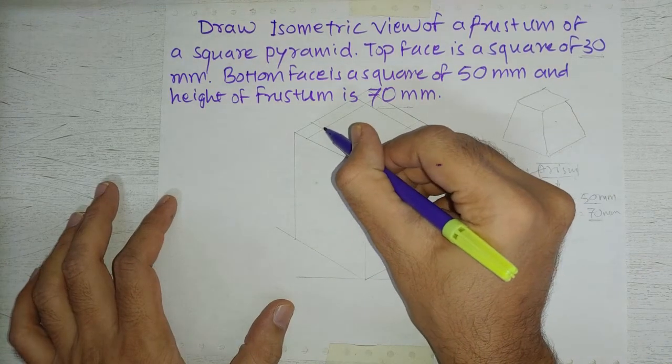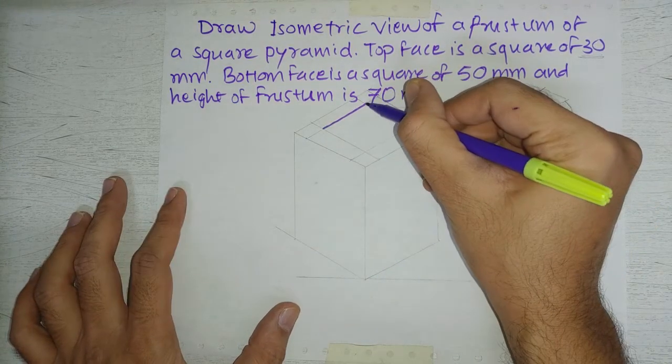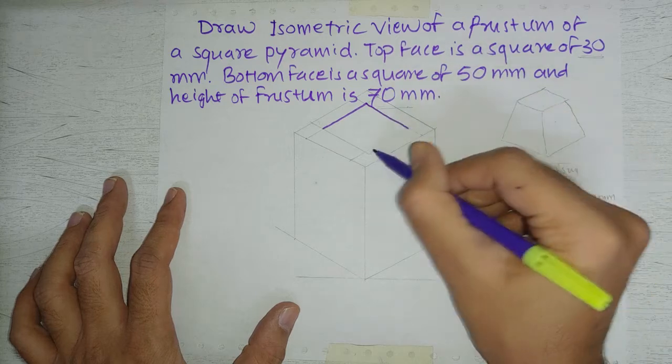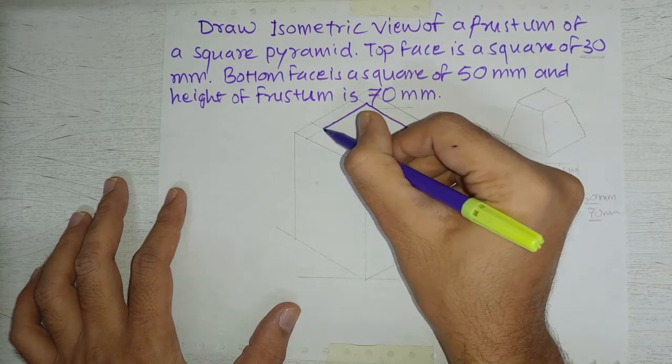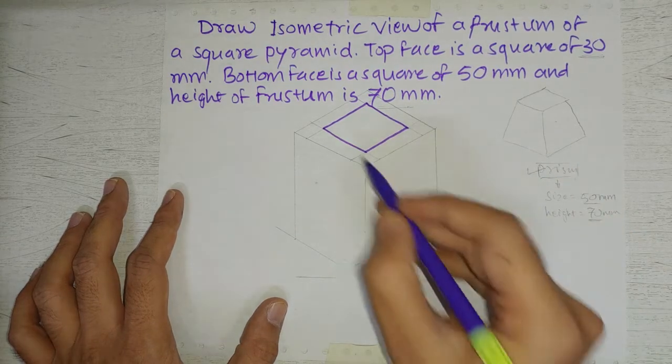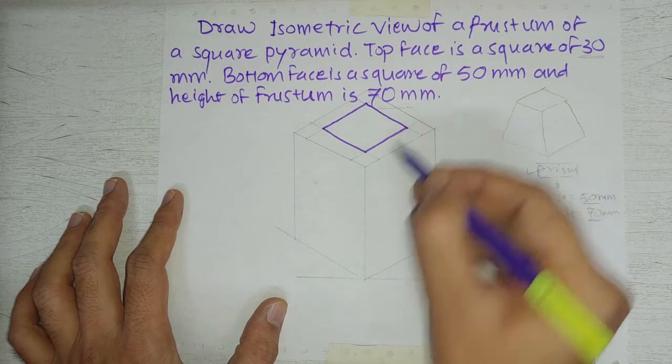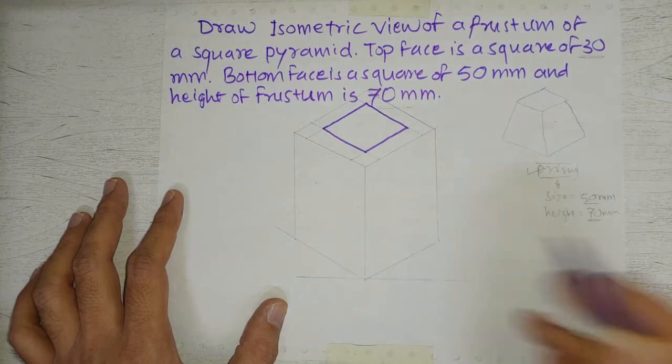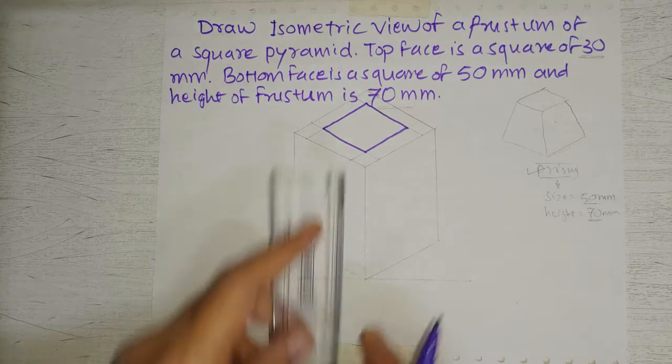Now I will connect these points with straight line. That means I will make the square with dark line, continuous thick line, and then I will connect these points to the points of base square with straight lines.